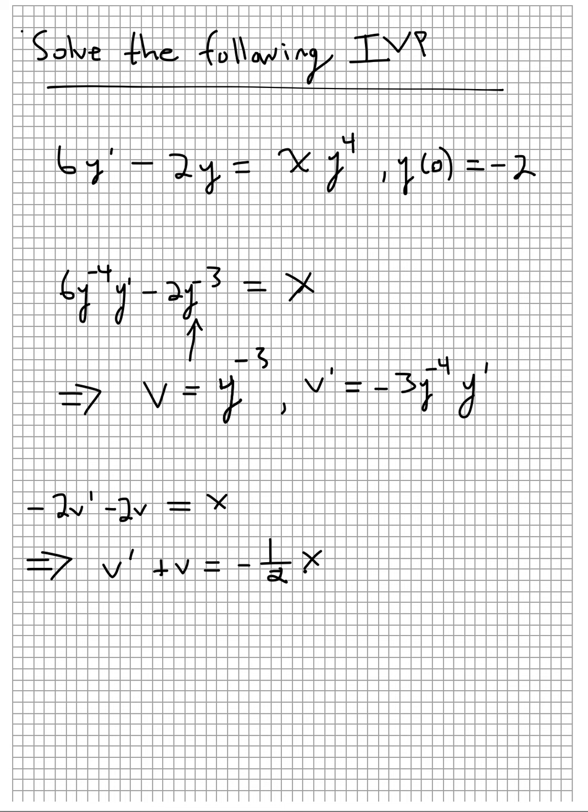Okay, and this is what we have. So the way you go about solving this is by using your technique from linear differential equations, right? And so this has linear form.